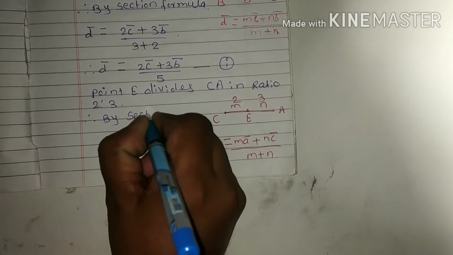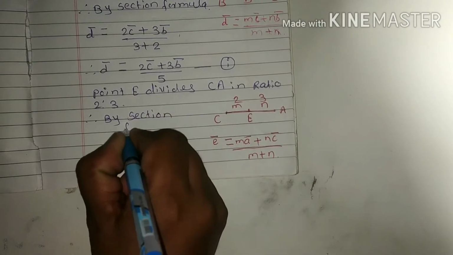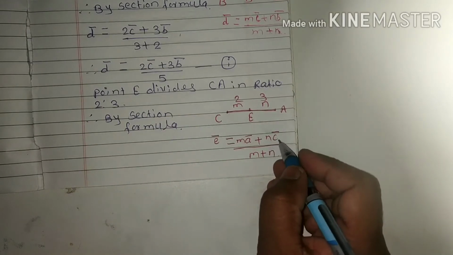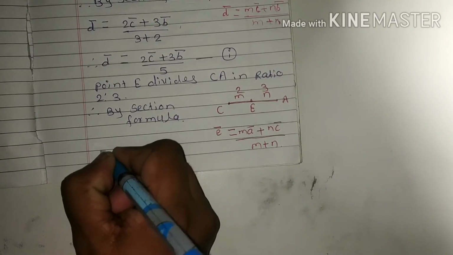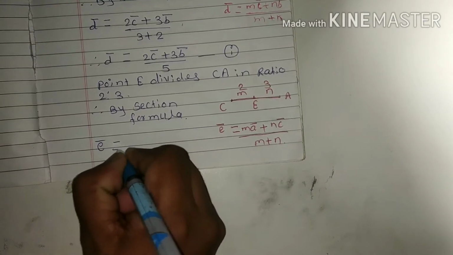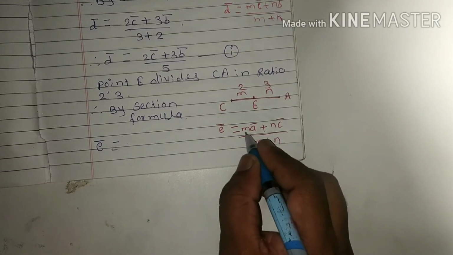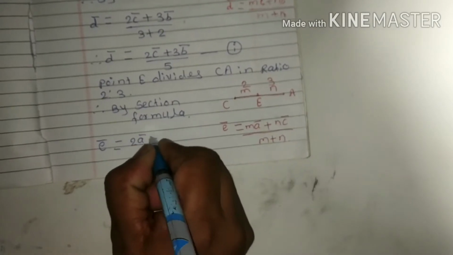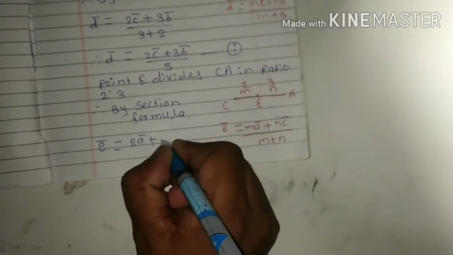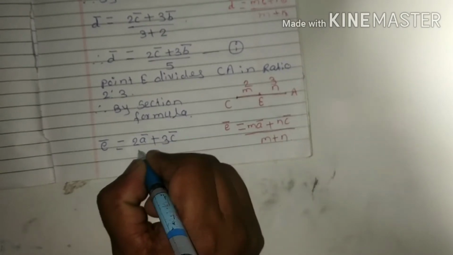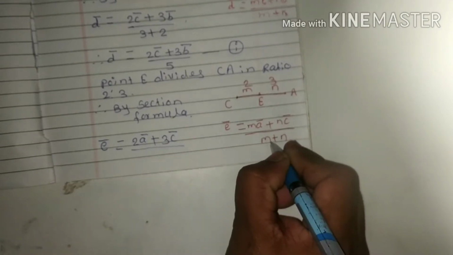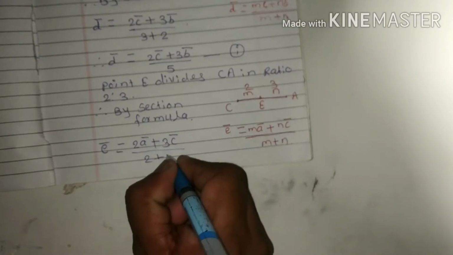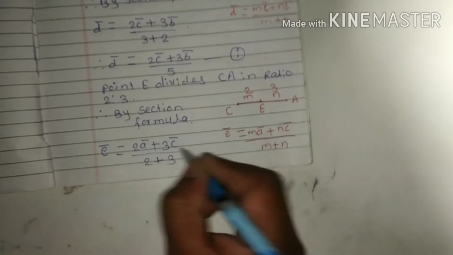Therefore, by this section formula, we write the value of e bar is equal to, the value of m is 2, so 2 into a bar plus the value of n is 3, that is 3 into c bar, divided by m is 2 and n is 3, that is 2 plus 3.